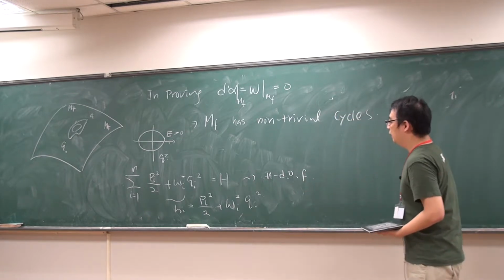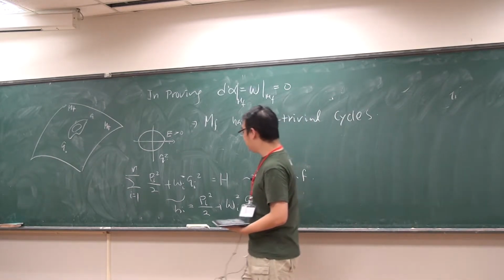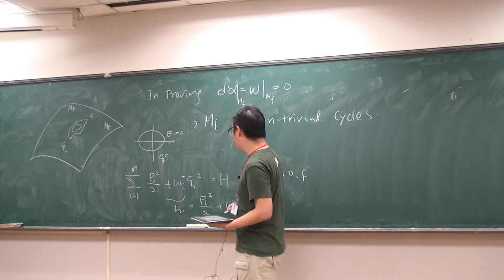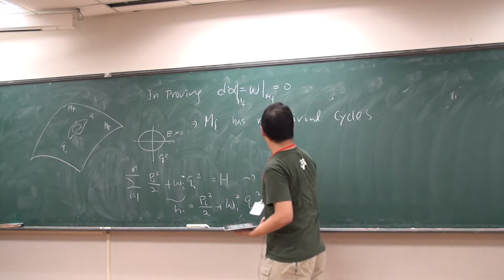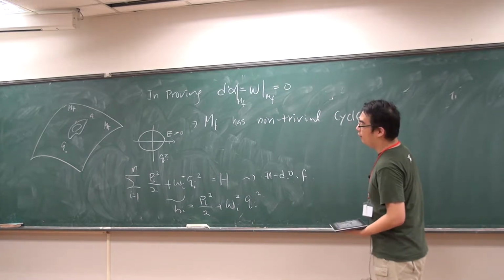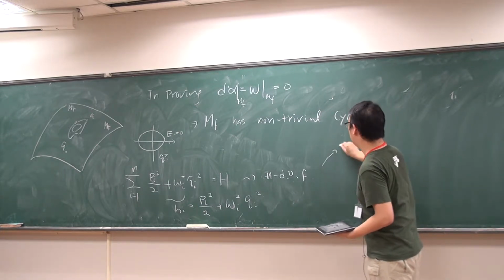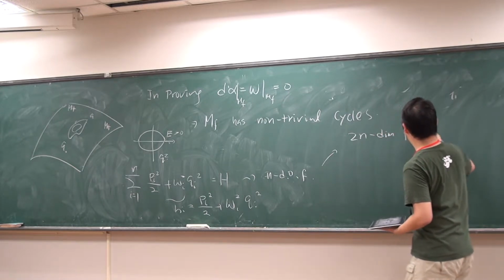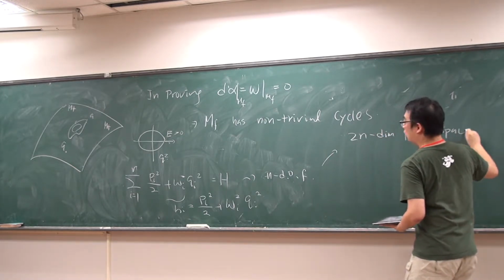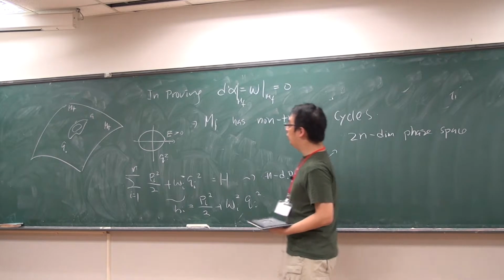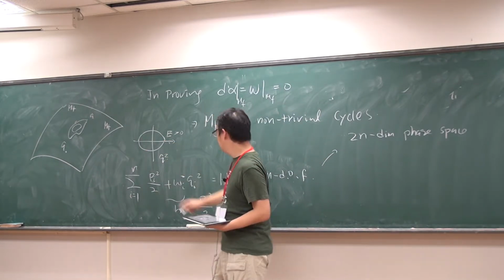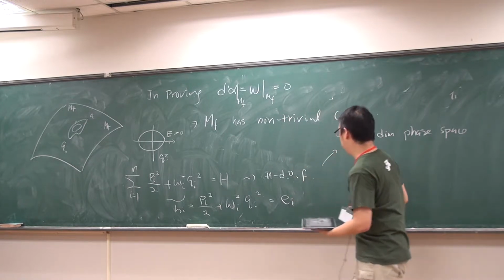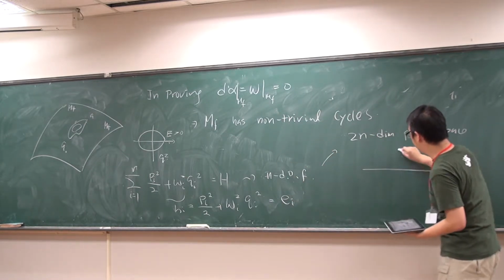Okay. And if you look at a surface where all these Hi are constant, then basically what you have now, in your 2n dimensional phase space, is n non-contractible cycles, which is given by something like this.